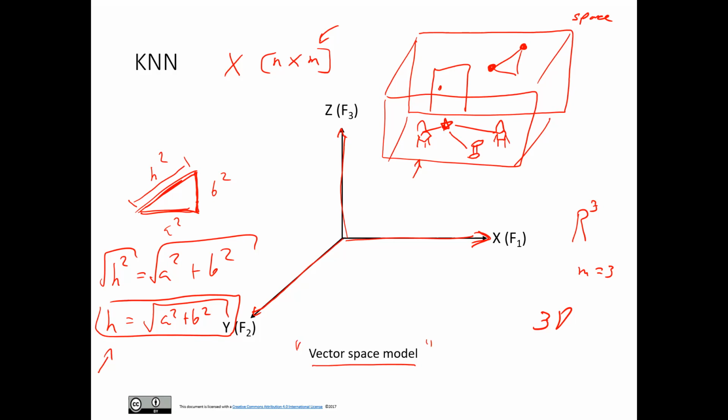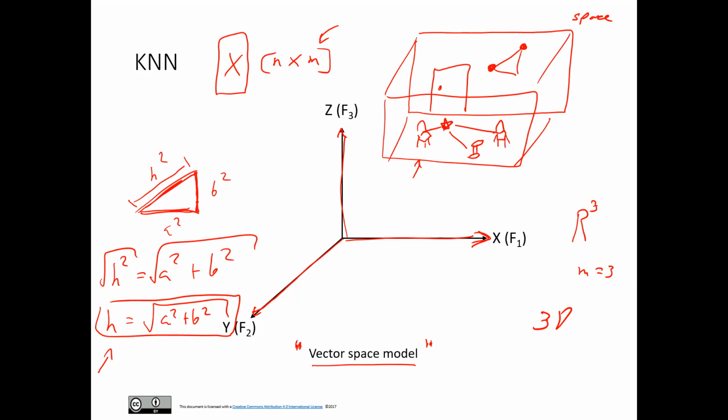The vector space model is actually pretty important as a concept. Every time that you create a data set, that's why the homework that I assign is very important, because whenever you define this X, you are technically defining a vector space, that kind of looks like this.